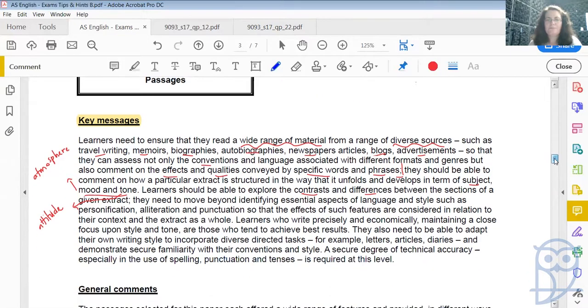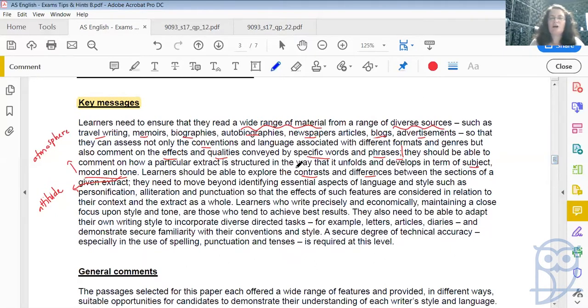And so learners need to be able to explore the contrasts and differences between the sections of a given extract. They need to move beyond identifying essential aspects of language and style, such as personification, alliteration, and punctuation, so that the effects of such features are considered in relation to their context and the extract as a whole.